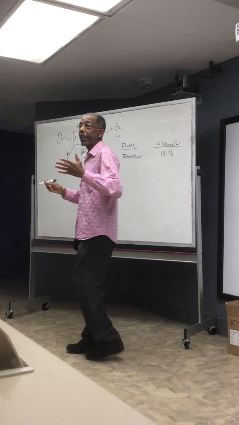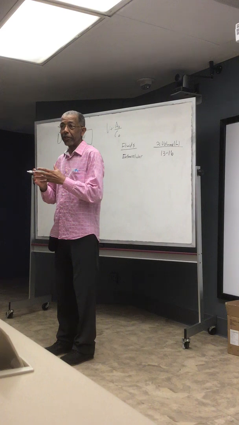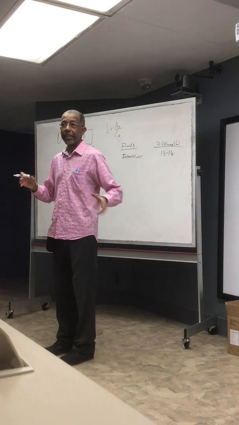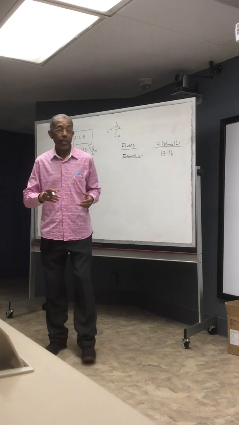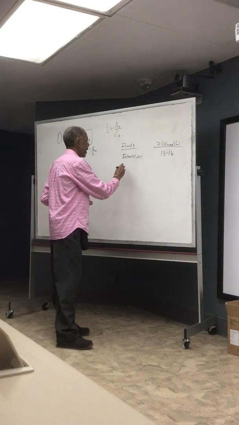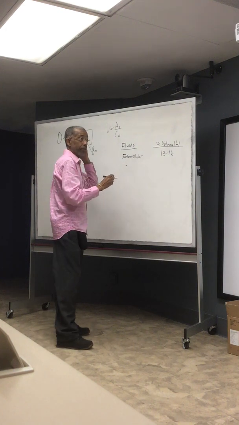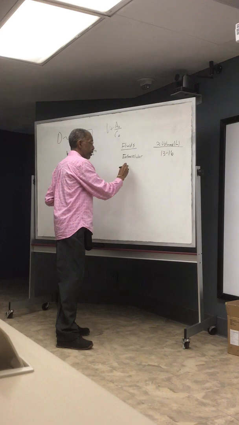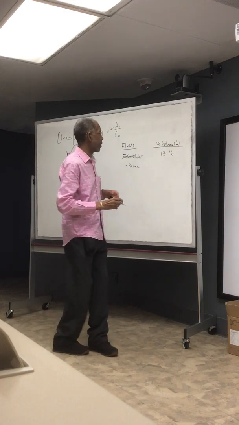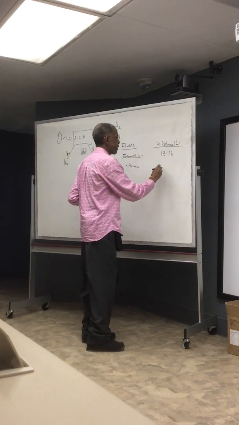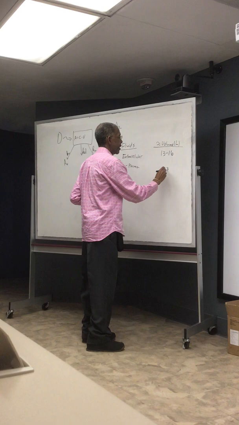So the extracellular fluids are the fluids outside cells, between the cells. You have extracellular fluids, and within these extracellular fluids, plasma is an extracellular fluid. So you have plasma, and the plasma volume, according to my notes, is approximately 3 liters.